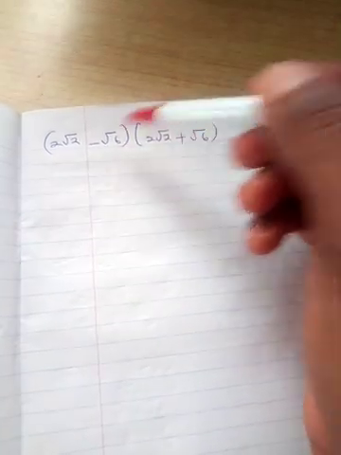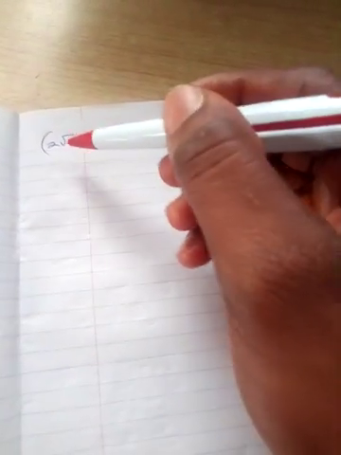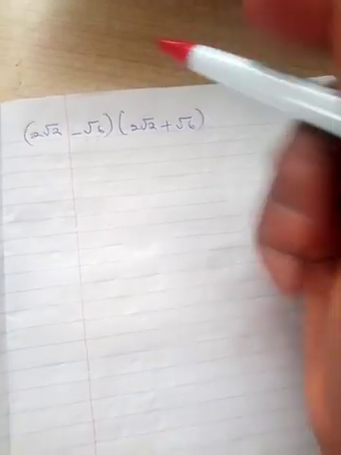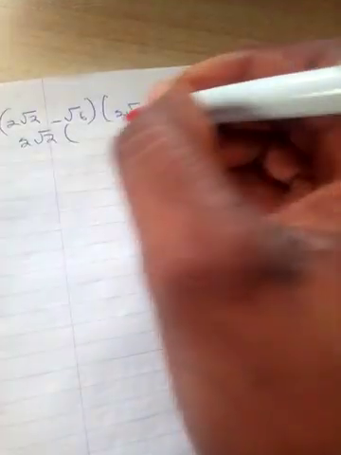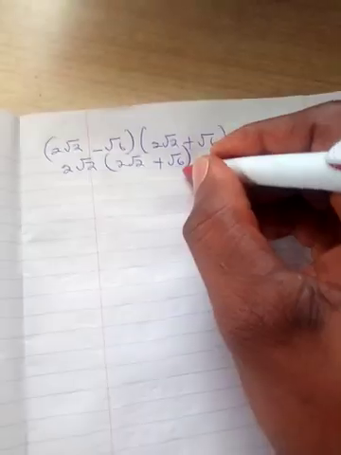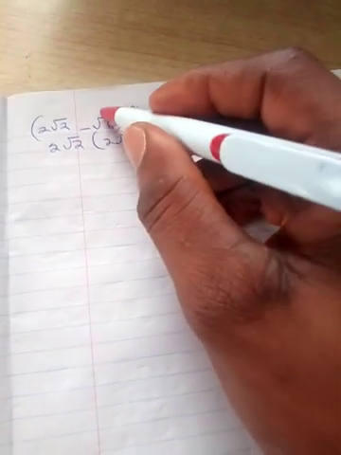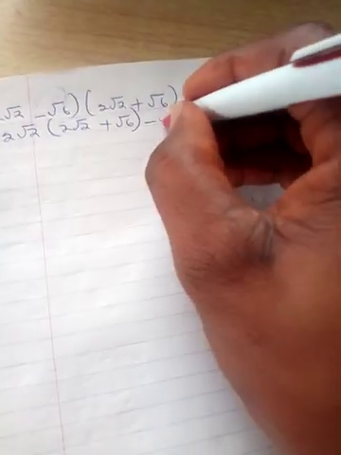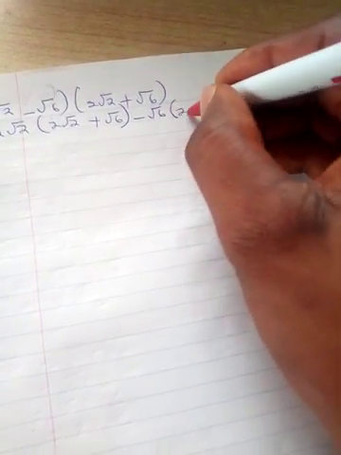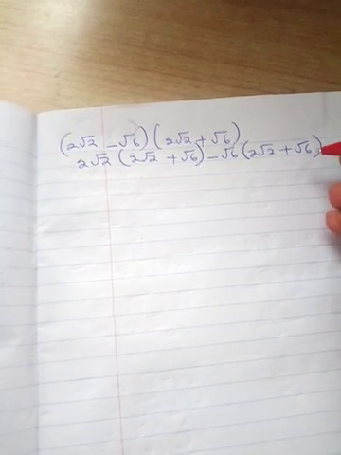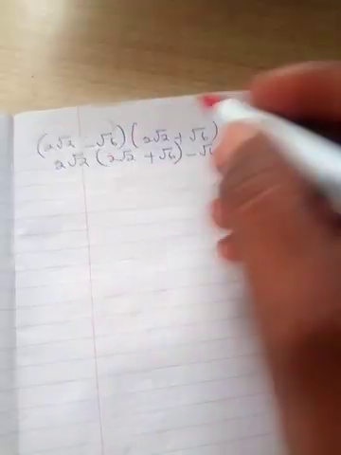And we know if you have two brackets multiplying each other, each term in the first bracket multiplies the second bracket. So let's see. We have 2 root of 2 multiplying 2 root of 2 plus root of 6. Now I have this is root of 6, but it needs to come with its sign, which is minus root of 6, multiplying 2 root of 2 plus root of 6. Right, okay, so now let's expand the brackets.